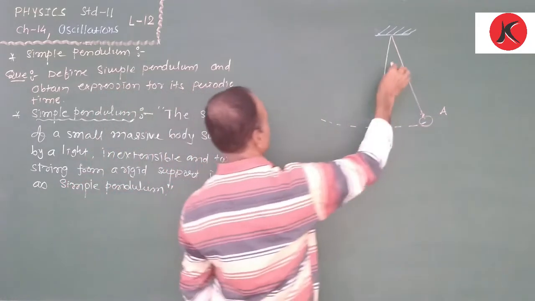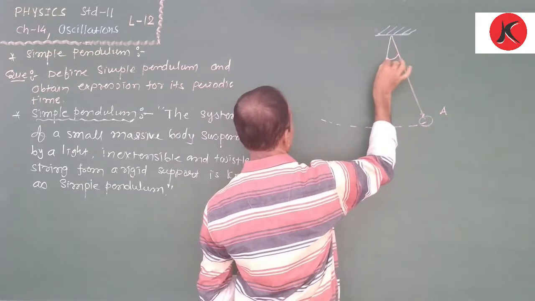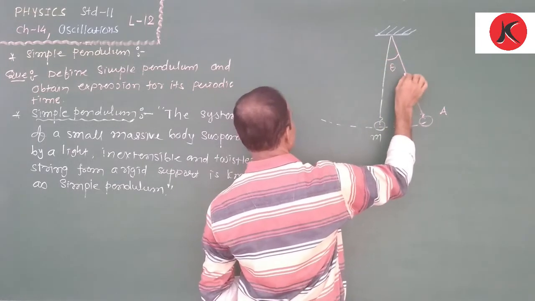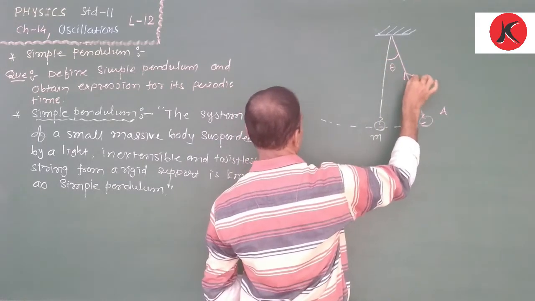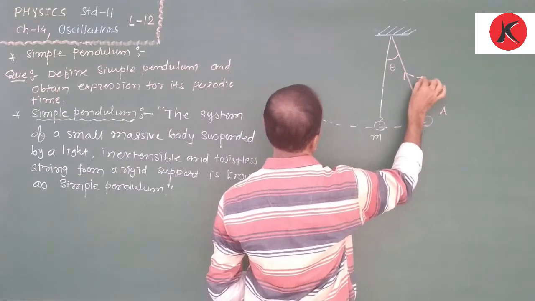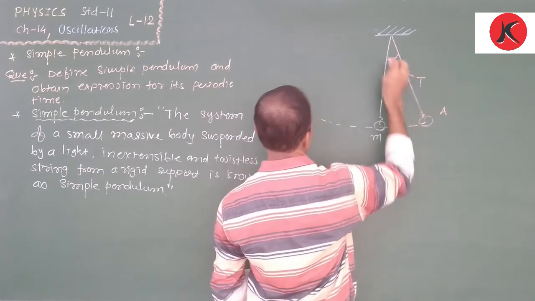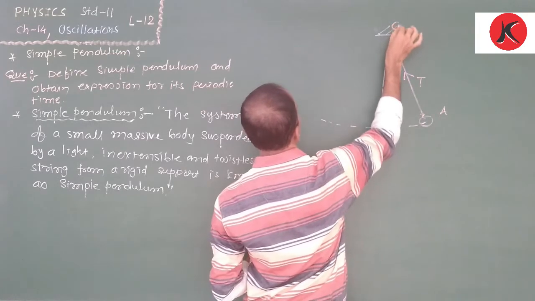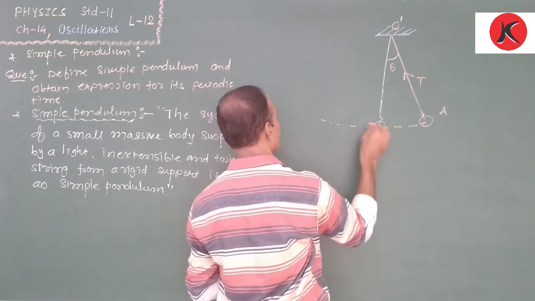The angle made by the string with the vertical direction is theta. The tension acts on the body towards the point of suspension, that is the point O.